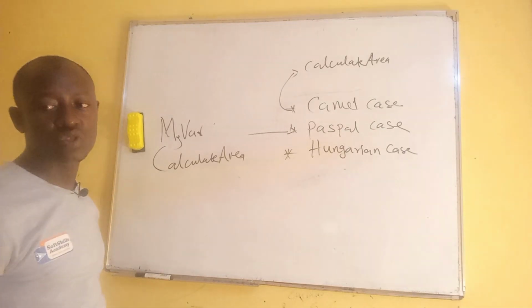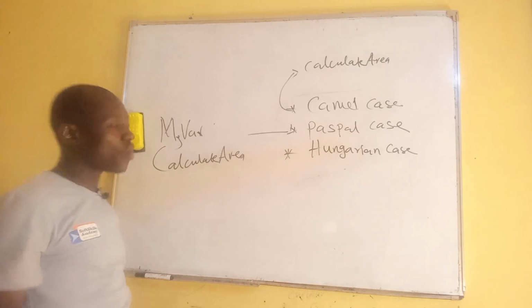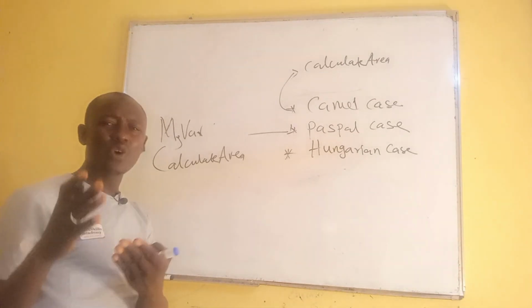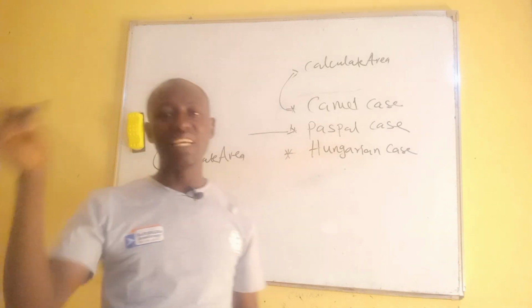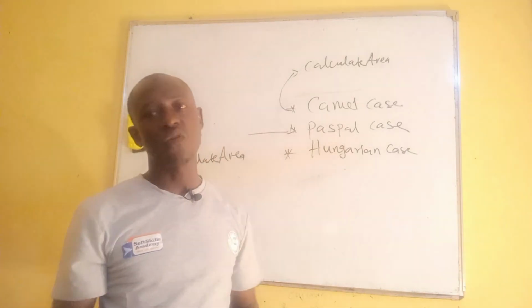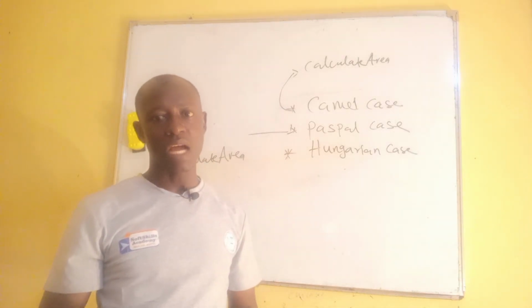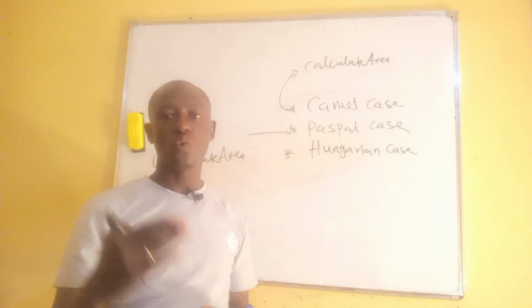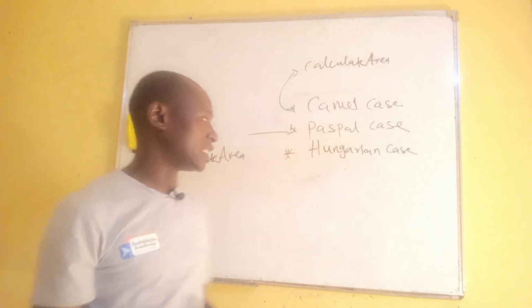When we talk about Hungarian, it means that you are going to combine your data type with the name of the identifier or variable.